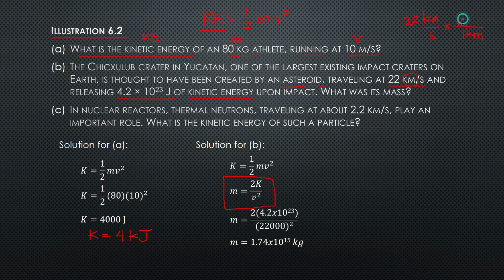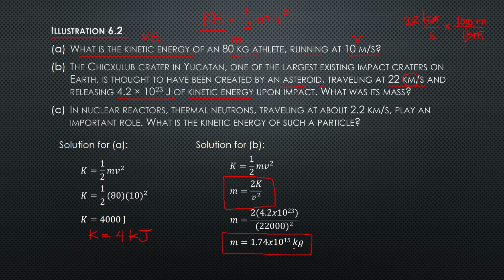The kilometer will be eliminated, so the unit is meters per second, and 22 multiplied by 1,000 gives you 22,000. So reminder, velocity is always in terms of meters per second. The mass of the asteroid gives you 1.74 times 10 to the 15 kilograms.